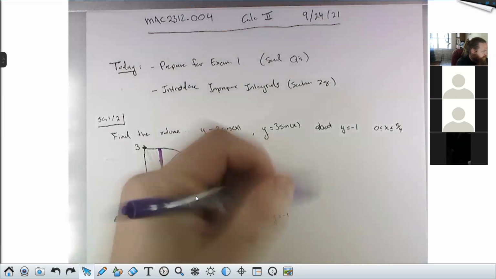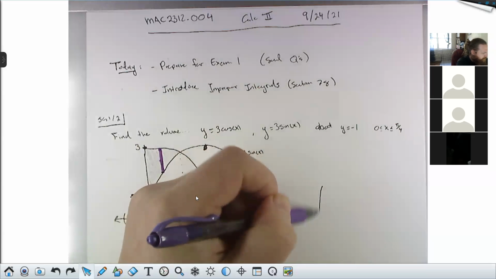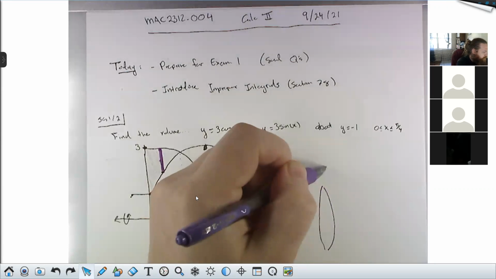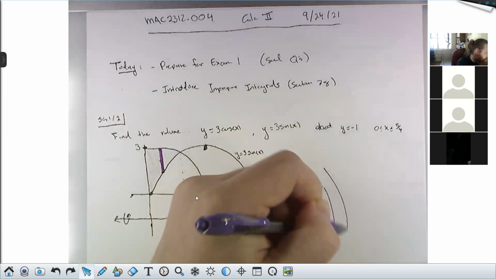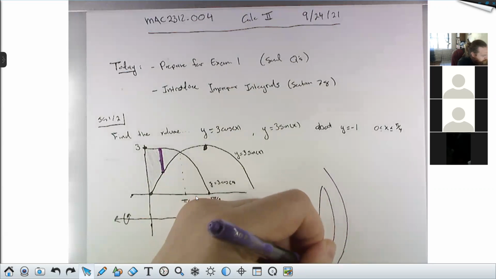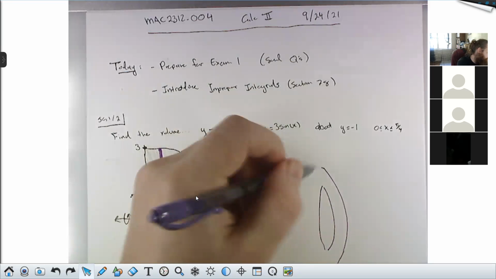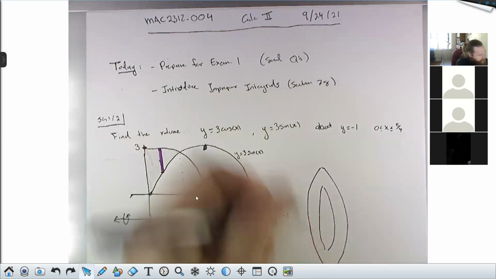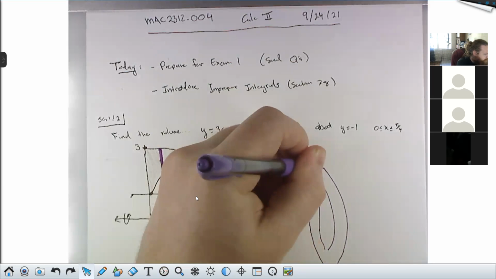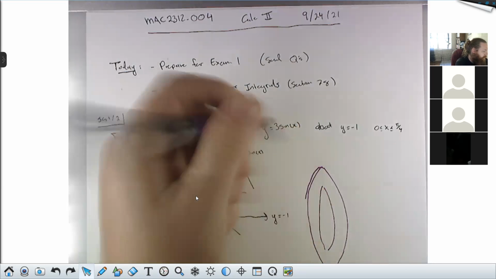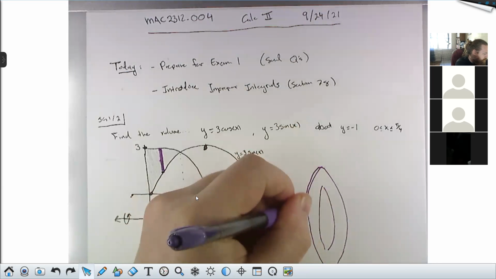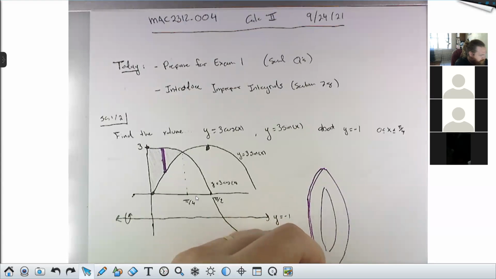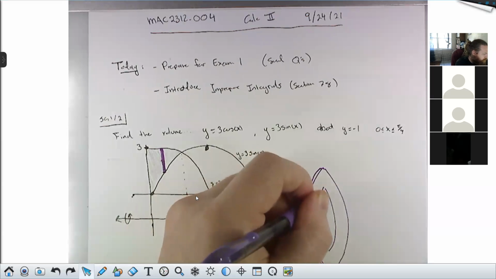And when we rotate just that strip, we'll get a shape something like this. And a thin little washer.